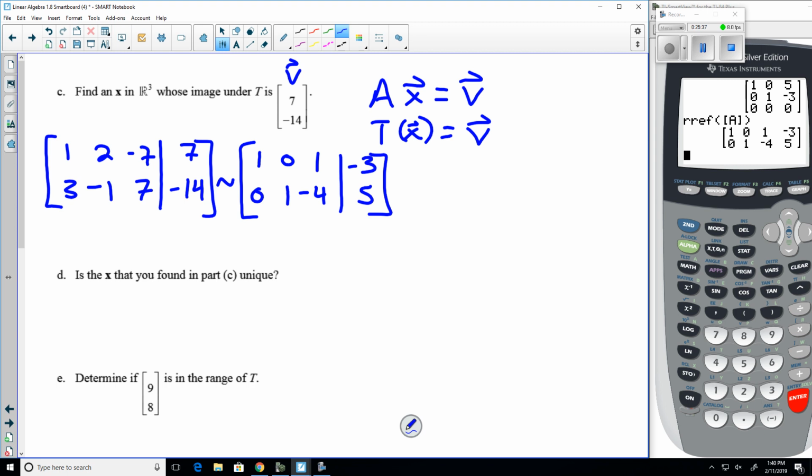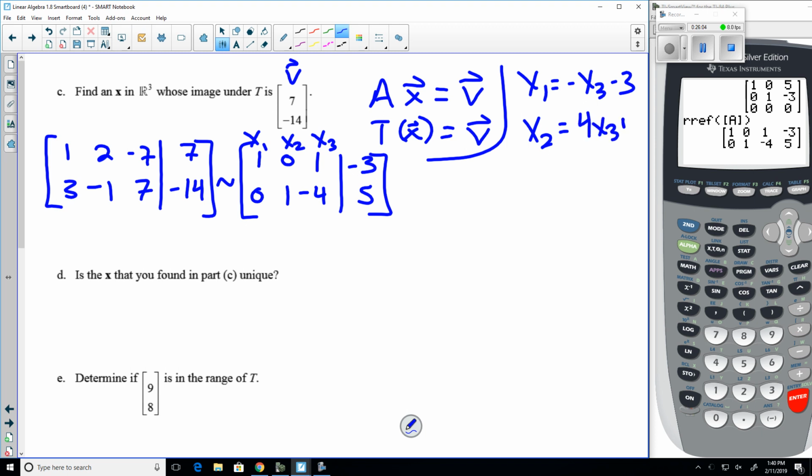It has infinitely many solutions. Do I have a free variable? Yes. So remember the inputs are in R3. So I have an x1, x2, x3 I have to solve for, right? So say x1 is negative x3 minus 3. x2 is 4x3 plus 5.